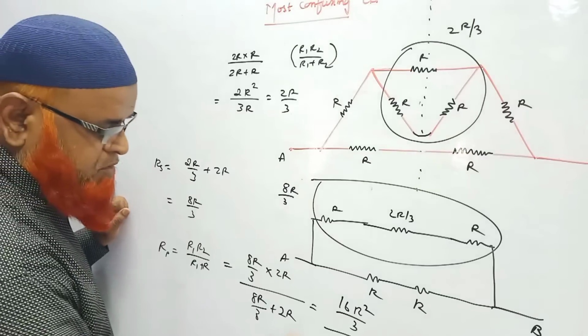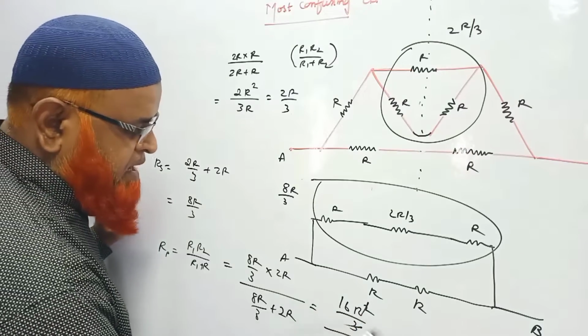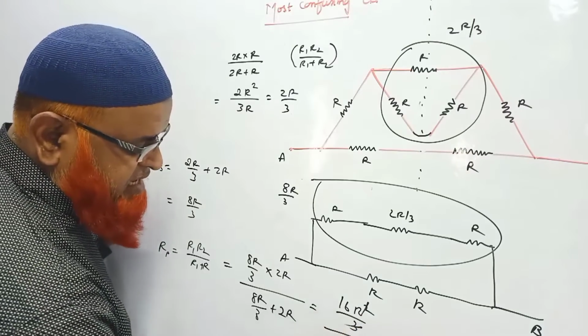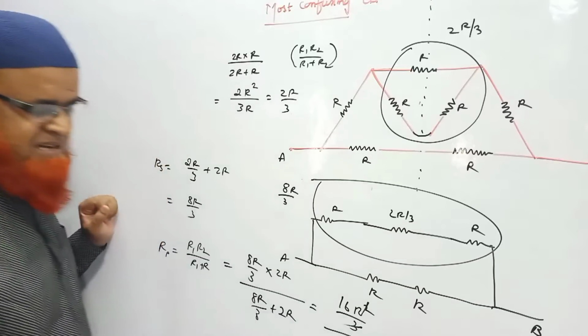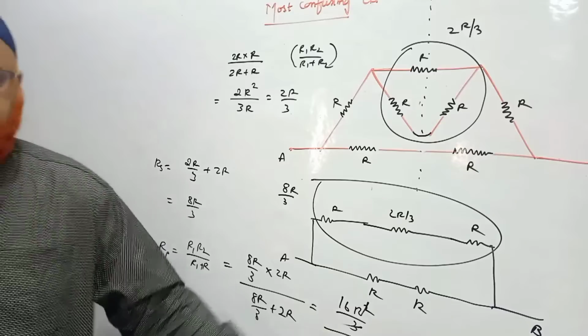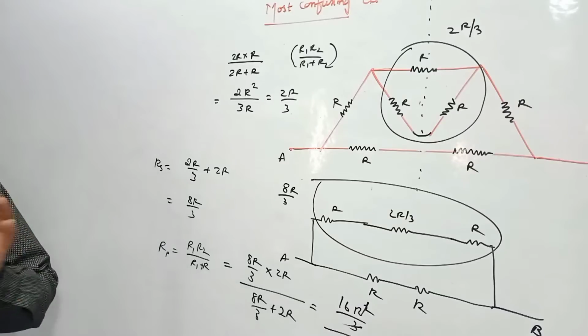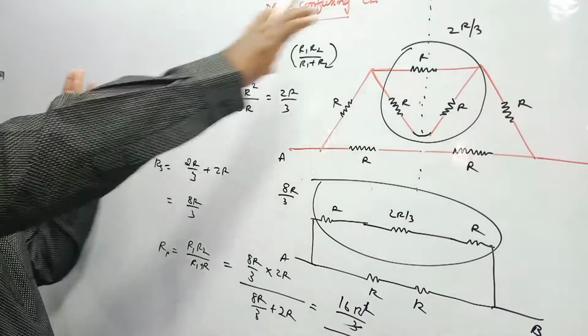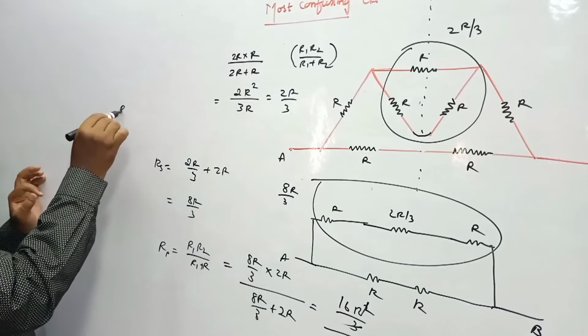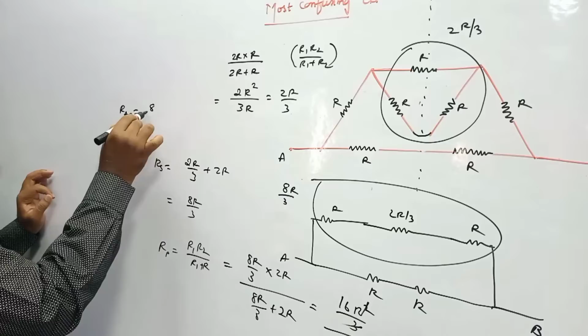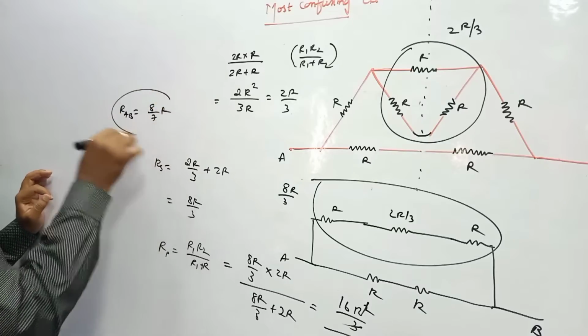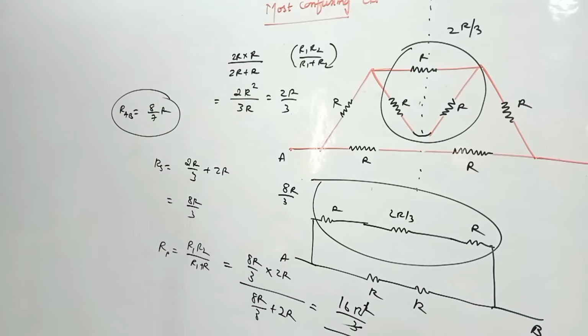LCM. So remove these and this also. 8 by 7R, isn't it? Cancel with 2. 8 by 7R is your solution. The solution for this complete problem is RAB equals 8 by 7R. That's it, isn't it? Simple.